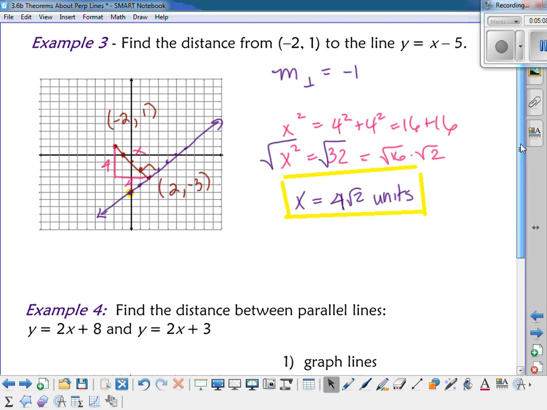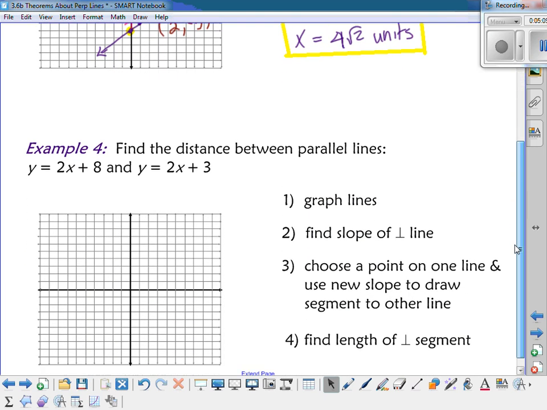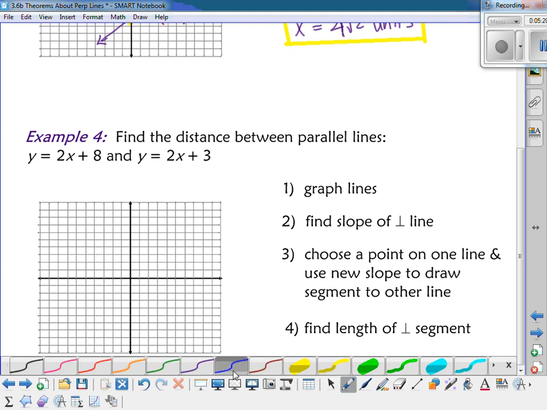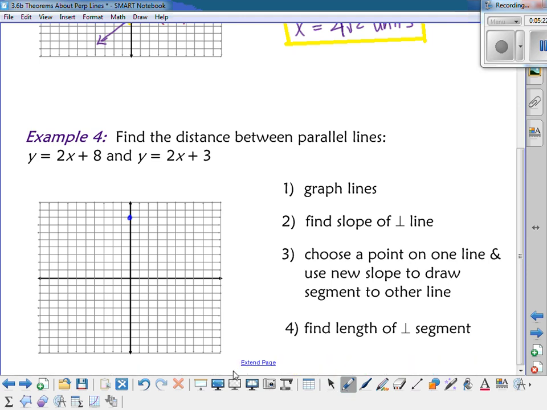All right. Now you might have to use this to actually find the distance between parallel lines, but the steps are very similar. So the first thing we're going to do is graph the two lines. So I've got y equals 2x plus 8. So I go to a positive 8. It's a slope of positive 2, so that means up 2 over 1, or of course you can go backwards to figure it out that way also.